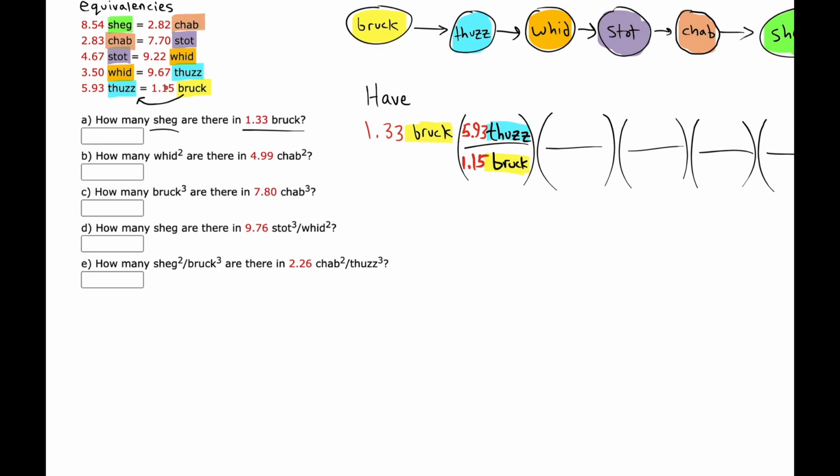Okay, next we see that we want to go from thuz to wid. And according to this row right here, 9.67 thuz is equivalent to 3.5 wid.